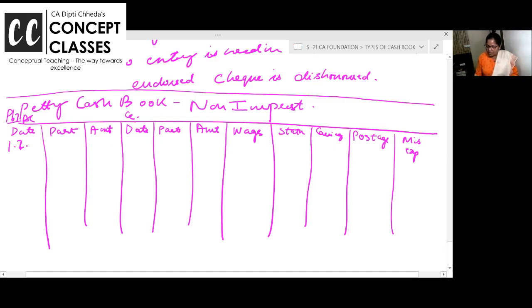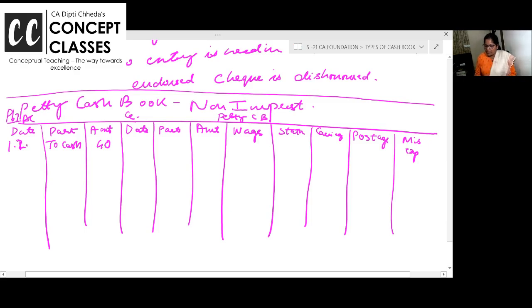So petty cash book, heading likhna bhul gaya, sorry. Petty cash book account debit to cash. From the main cash you will reduce and you will receive here 40 rupees.